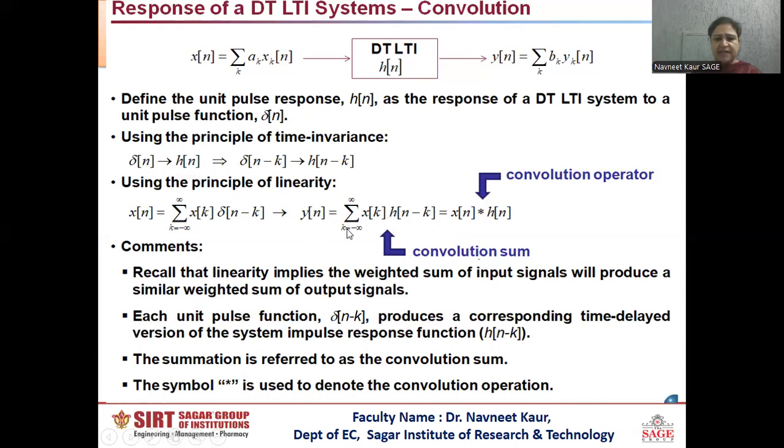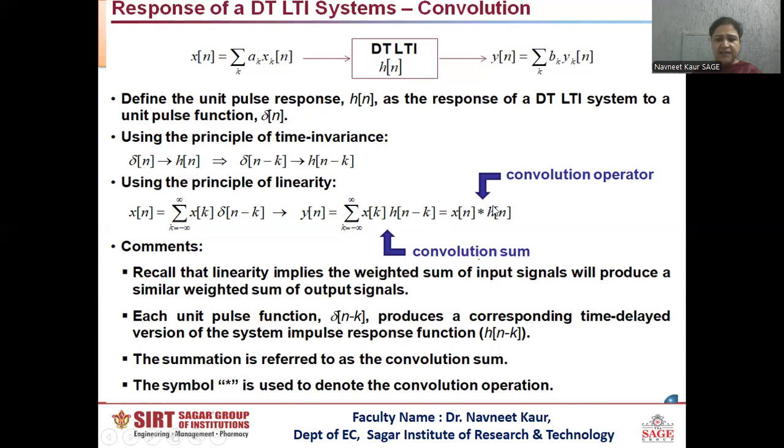And this is the expression for x[n] convolution with h[n]. So y[n], which is the convolution of input and unit impulse response of the system h[n], will be x[n] convolution h[n], and the formula for the convolution will be given by this summation, k is equal to minus infinity to plus infinity, x[k] h[n minus k].